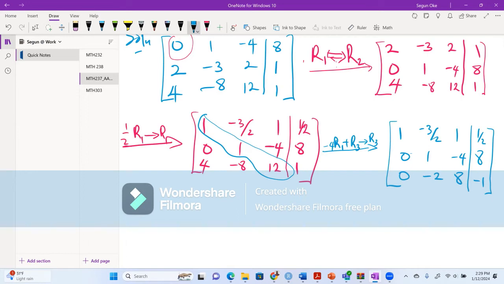That's why we have consistent and inconsistent systems. So in this case, I need to eliminate these to be 0. Let's look at it: if I say 2R2 plus R3, what do we have? Our 1 is still okay.